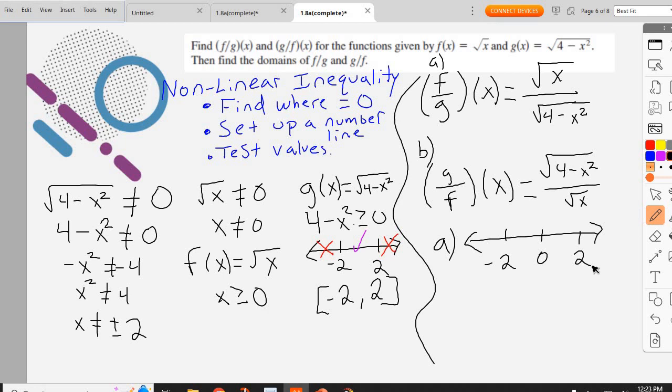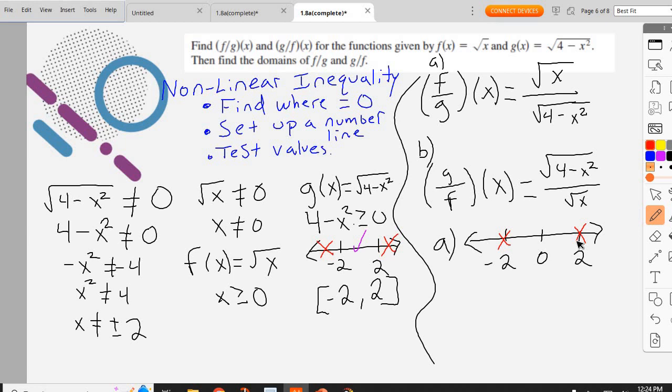So looking at A, if my square root of 4 minus x squared is on bottom, what are the two numbers that we said are going to make the bottom 0? No, not make it 0. What makes it 0? That was our first thing that we did. Plus or minus 2. So we know that it can't be 2 or negative 2. Yes?